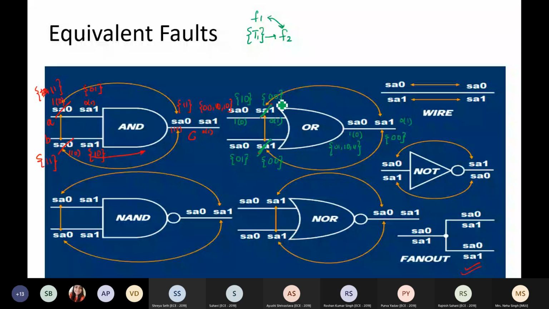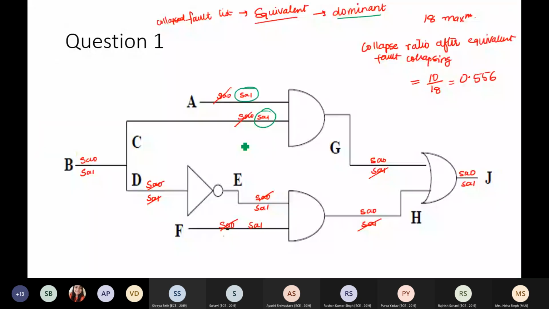So we eliminate the stuck at 1 faults at the inputs since they are equivalent to the stuck at 1 fault at the output. Fine. So we are left with 4 faults on the OR gate. The exhaustive fault list had 6, but now I have 4 left. The same thing needs to be done on the circuit given to you. When we talk about the circuit, we start with the logic gates and only the fan outs.